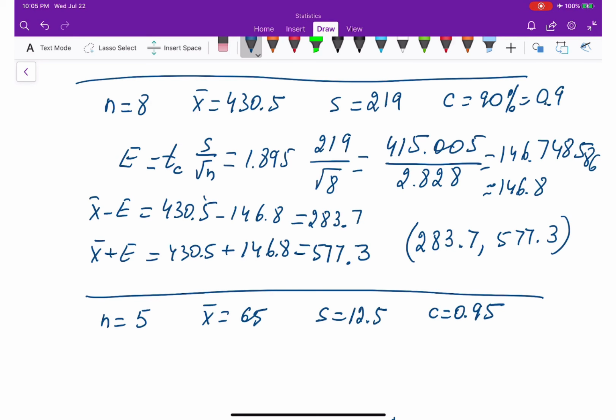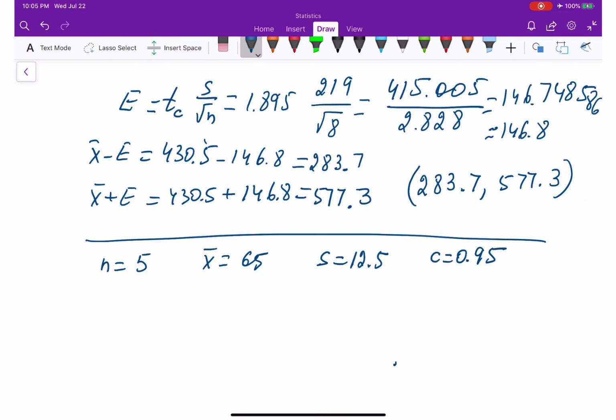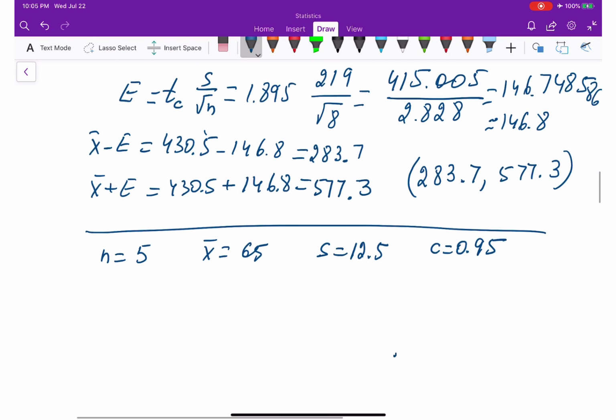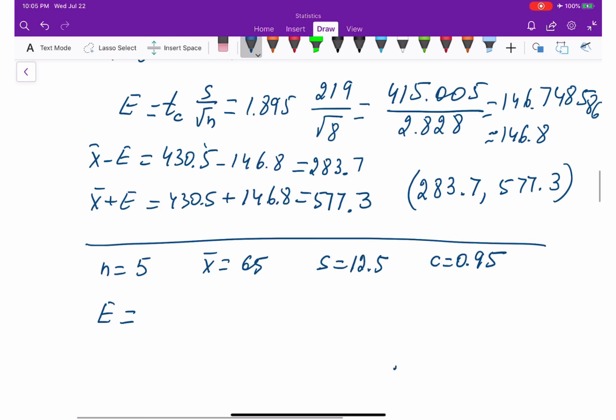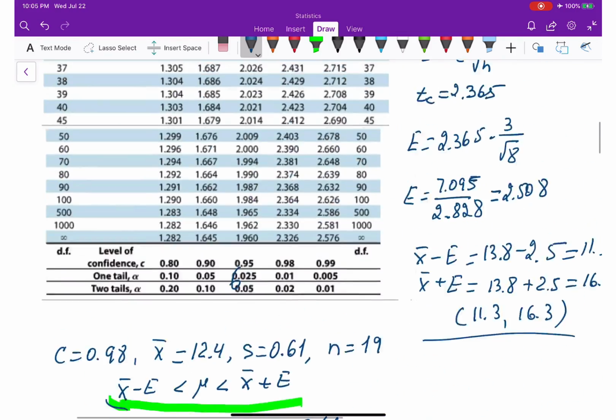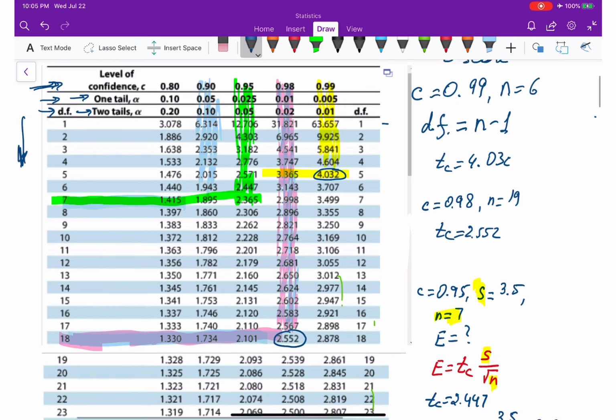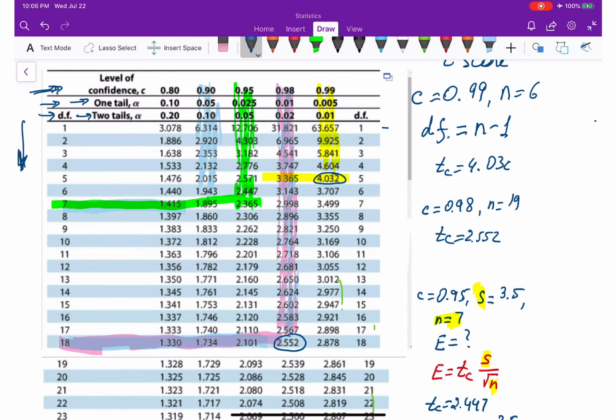So margin of error and interval, same thing. Margin of error is equal to t critical. Let me find 0.95 and 5, which means degree of freedom is going to be 4. 0.95 and it's coming here for 2.776.